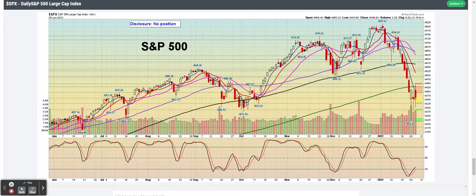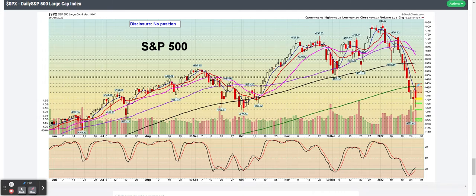This is a daily chart of the S&P 500. Today was a very bearish day. We gapped higher, tried pushing above the 5-day, the 200-day moving average, and found resistance around the 4450 mentioned in the previous video.